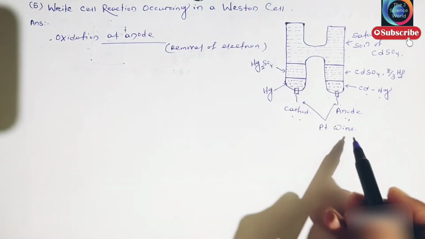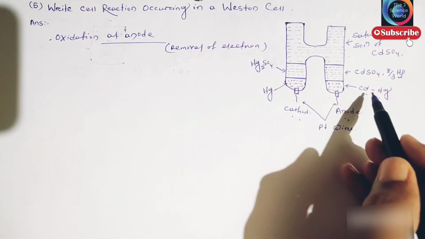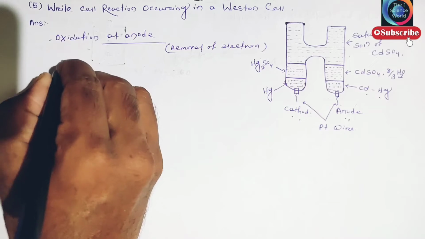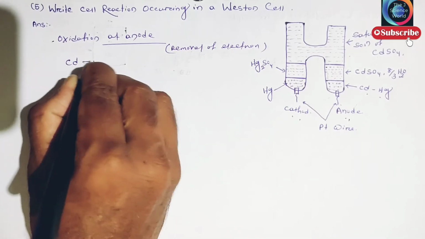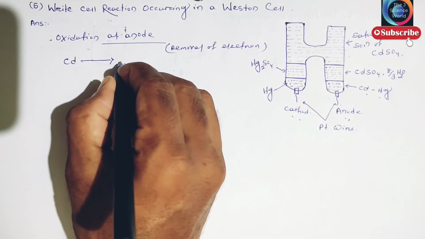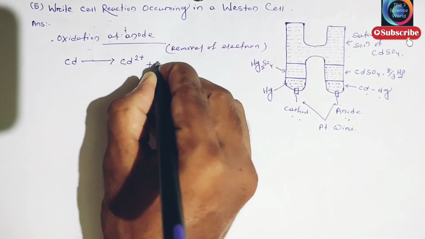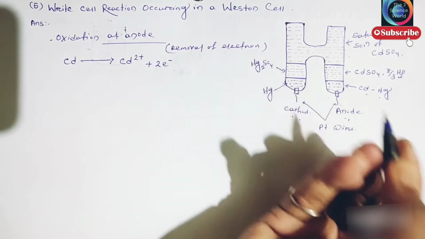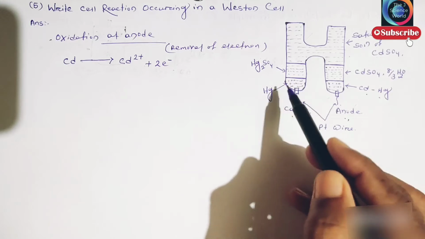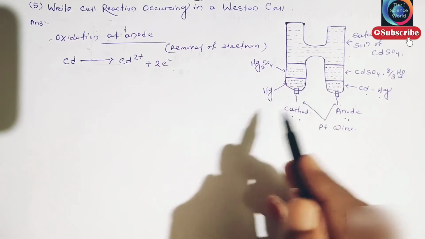In this anode case, we take Cd amalgam, only cadmium, Cd. When it goes through oxidation, it gives Cd2+ and removes 2 electrons. Similarly, in the cathode, reduction occurs, meaning reduction occurring at the cathode.